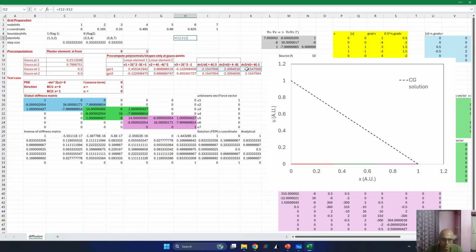So this is grad V at your first Gauss point, multiplied by the transpose of the same array, multiplied by Gauss weight 1, multiplied by your scaling, which is basically your step size, which is also divided by your step size twice, because you have 2 gradients, which means that you just have 1 upon your step size, which is 0.33, which is just 1 upon 3 basically. So you're just dividing by 1 by 3, right?